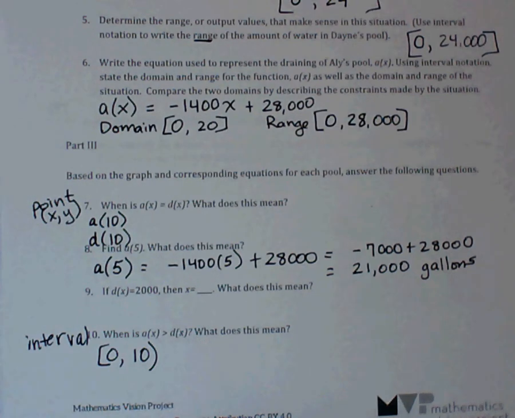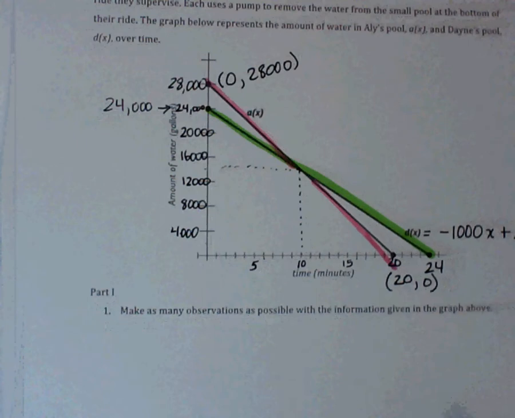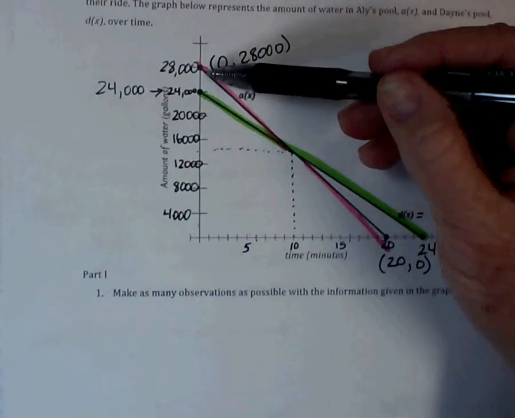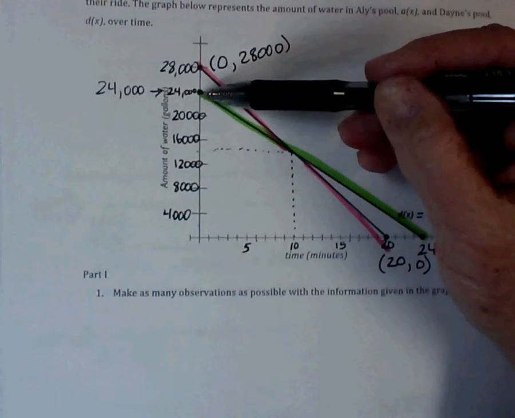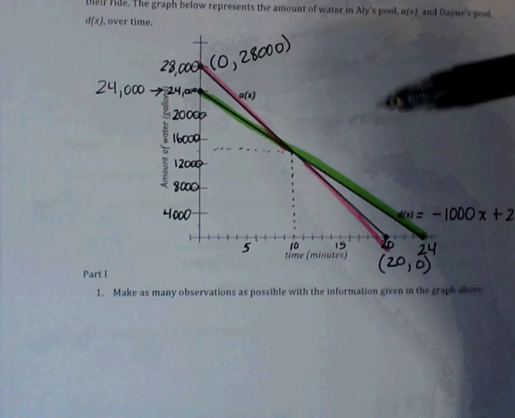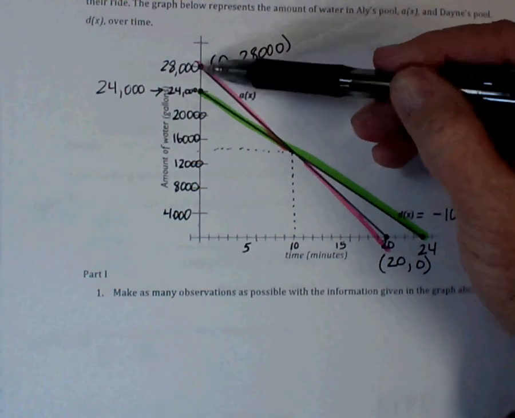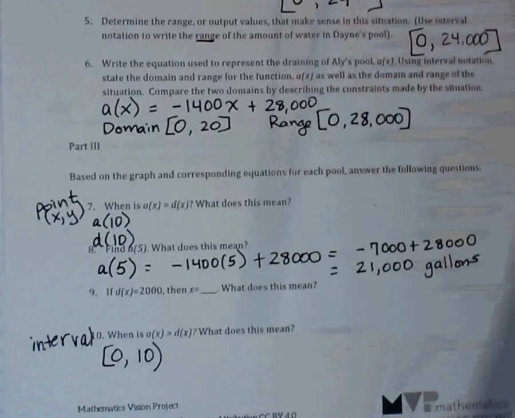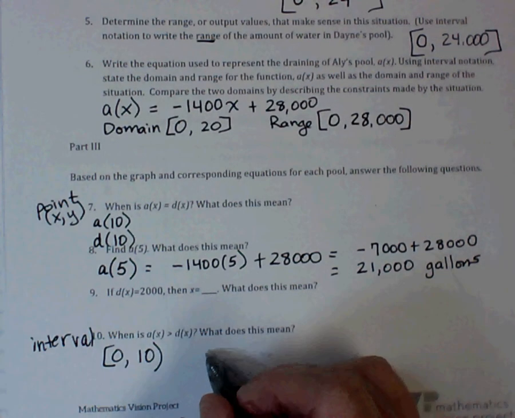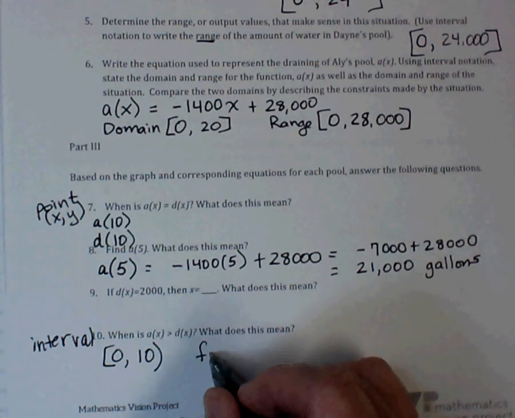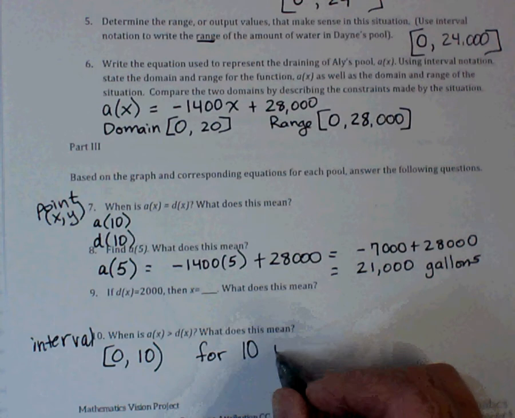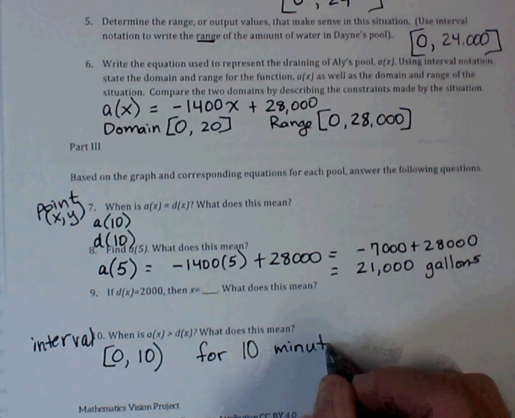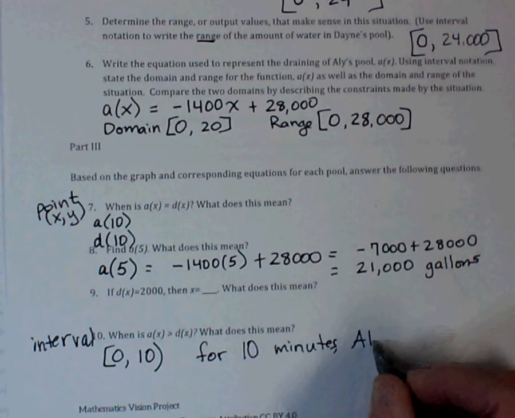What does this mean? What does it mean about the amount of water? Does Allie have more water in the pool than Dane, or does Allie have less? Well, obviously it's higher up, so it's more water. What does this mean? For 10 minutes, Allie's pool has more water.